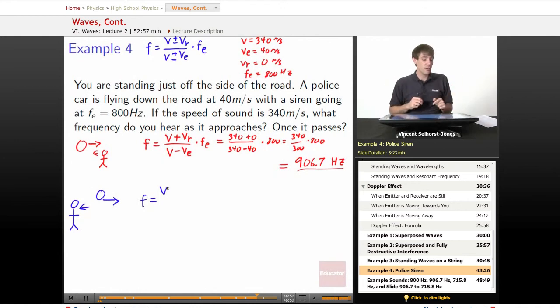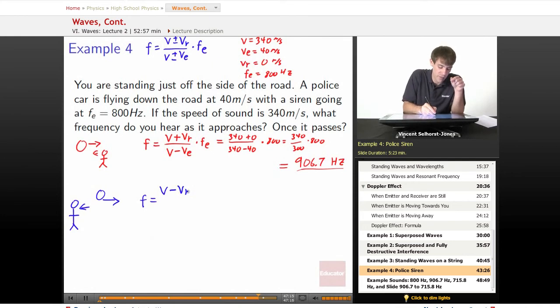So if frequency is equal to v plus or minus v receiver, which does it become? Well, if you're moving away from an object, you're going to experience fewer wave peaks because you're running away from them. So we need a smaller number up top: v minus v receiver.